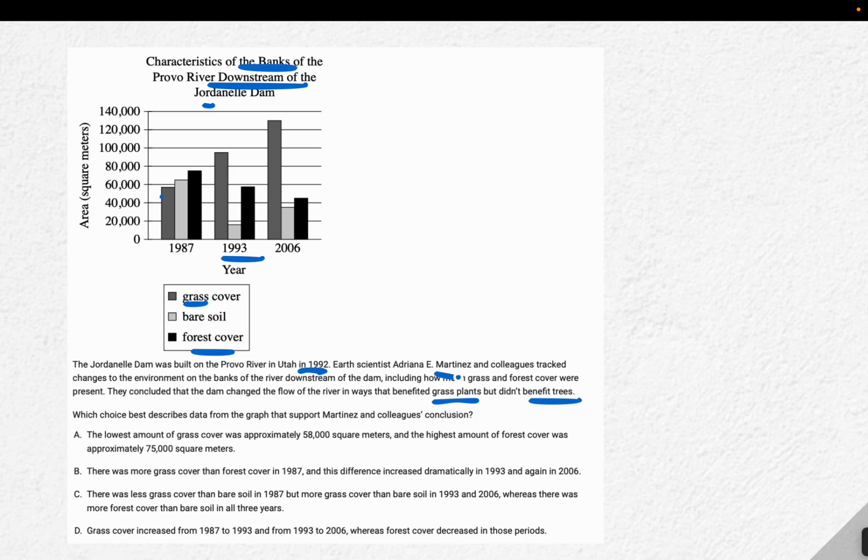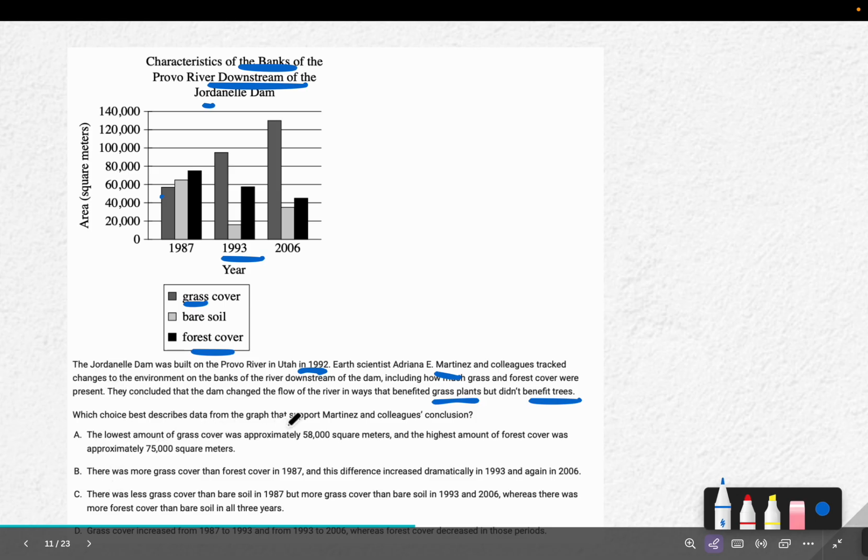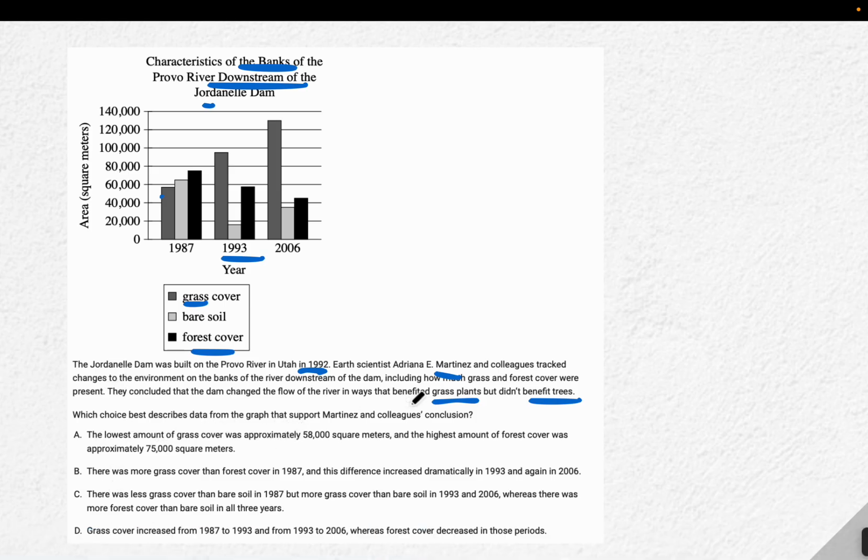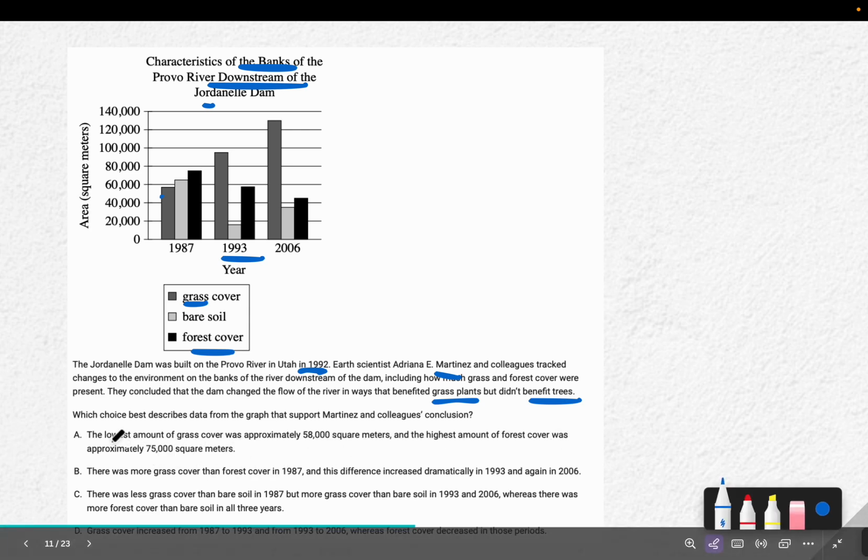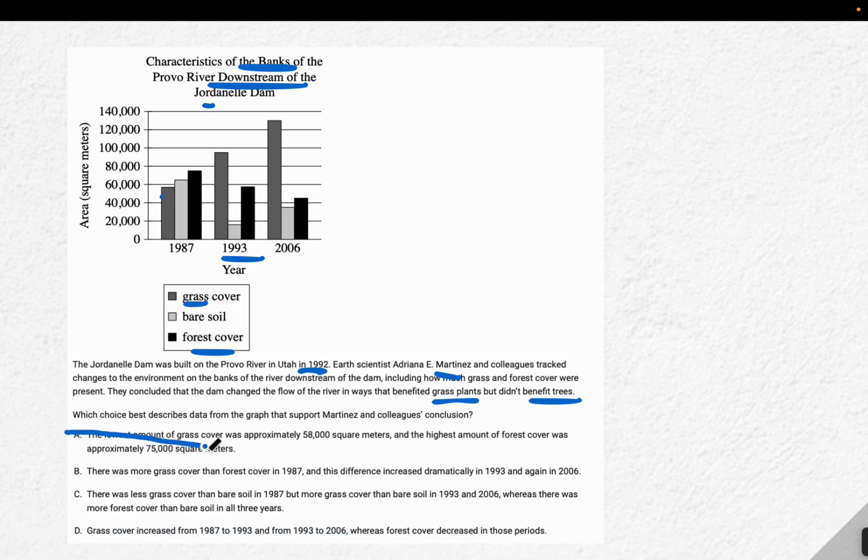Looking at the choices, the lowest amount of grass cover was approximately 5,800 square meters, and the highest is approximately 7,500 square meters from 1987 to 1992.